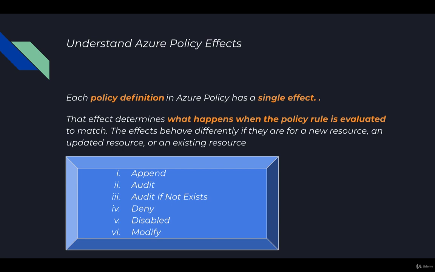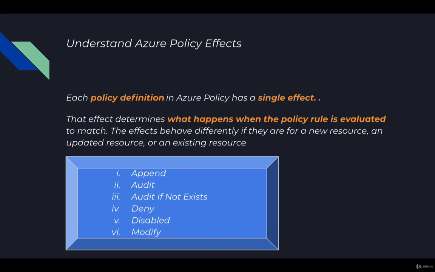The first one is append. Append is used to add additional fields to the requested resource during creation or update. A common example is specifying allowed IPs for a storage account. So in this case, it will append if we want to add some extra information.